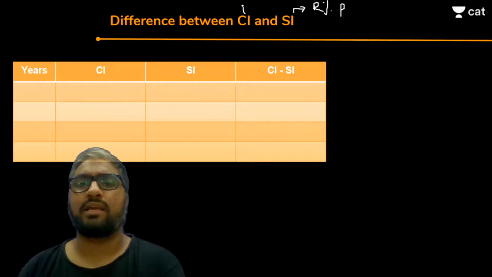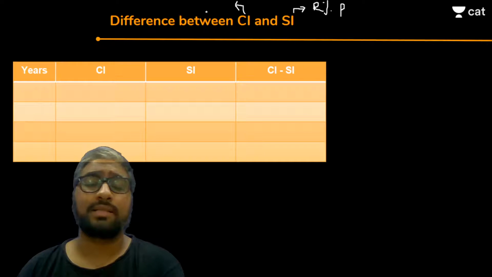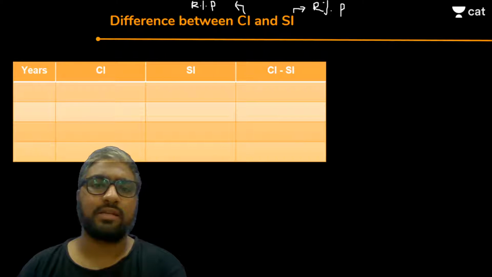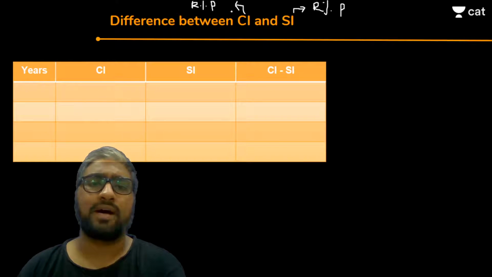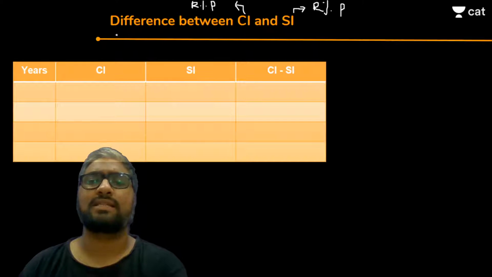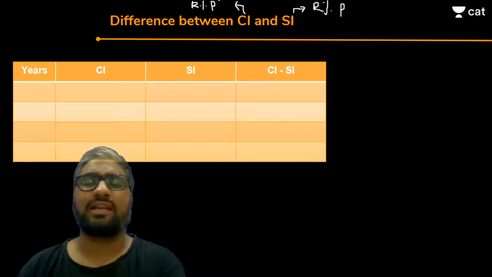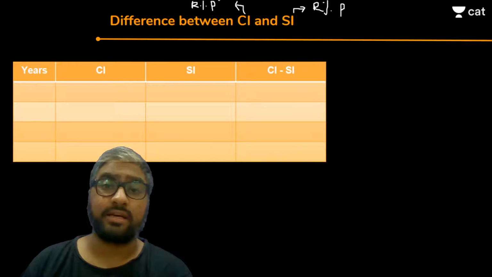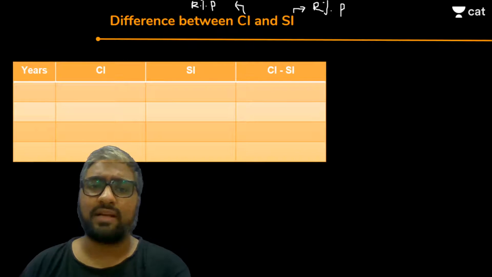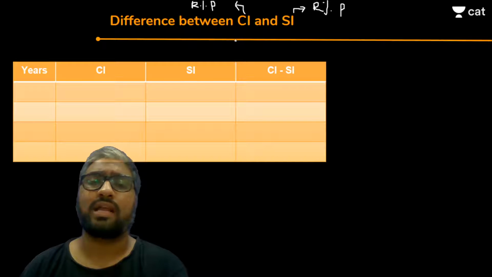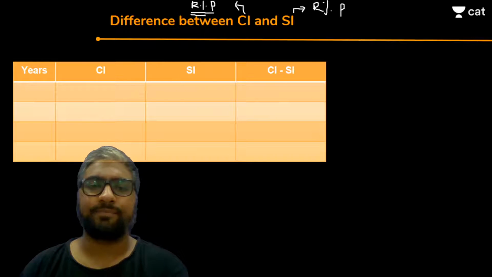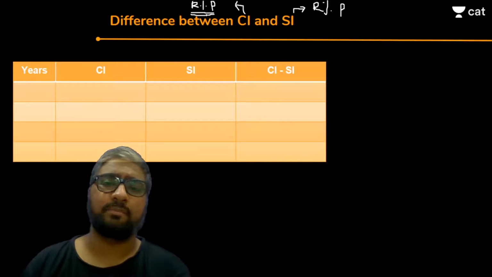But in the case of compound interest, what happens? R percentage of P is applied for the first year, but from the second year, the interest is also a part of the principal, which means there is interest upon interest that is applied. I hope that is pretty much clear. If you still have difficulties in differentiating these two, then I'd again suggest you go to the lecture that we had yesterday, the first lecture of simple and compound interest.